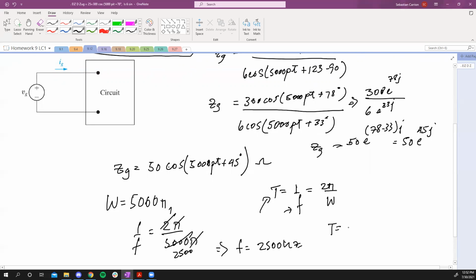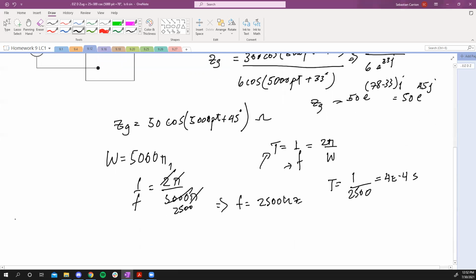So then we can find that our period is 1 over 2,500, right? On the calculator, 1 over 2,500 is 4 times 10 to the negative 4. So I'm going to say 4e to the negative 4 seconds.